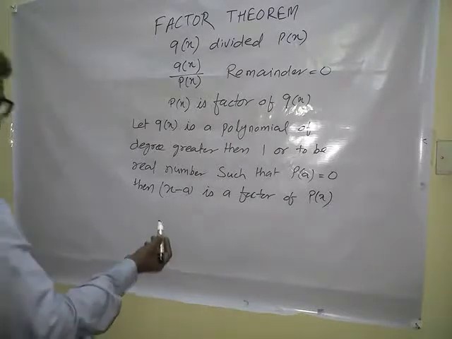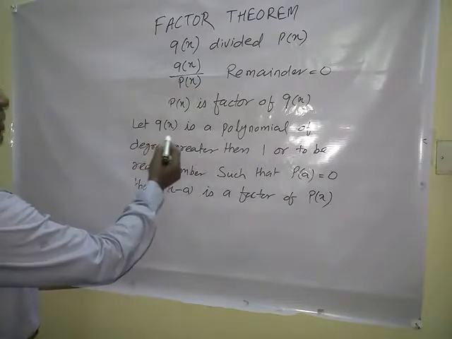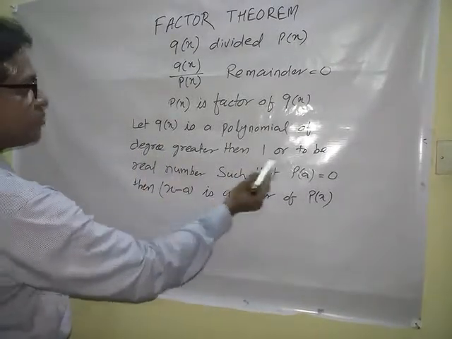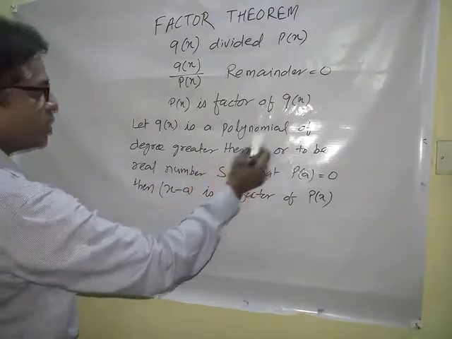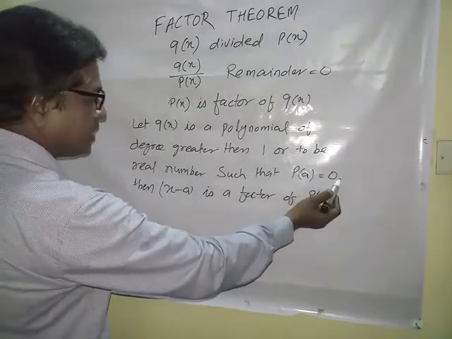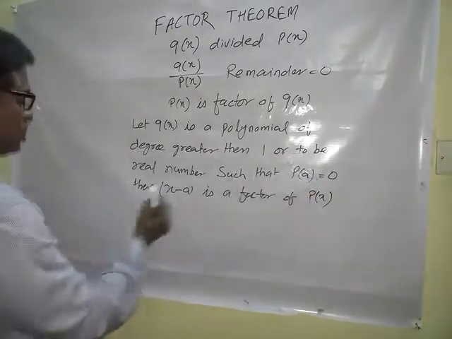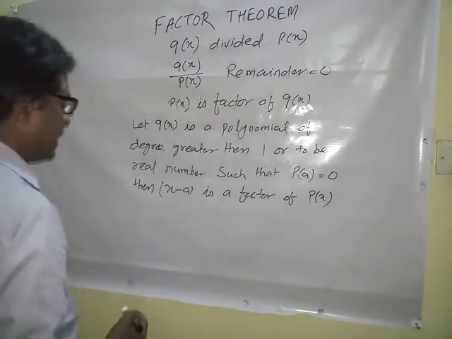Or we can say Q(x) is a polynomial of degree greater than or equal to 1, meaning the degree should be either 1 or more, and a is a real number such that P(a) = 0, meaning the remainder is 0, then x minus a is a divisor, a factor of P(x).